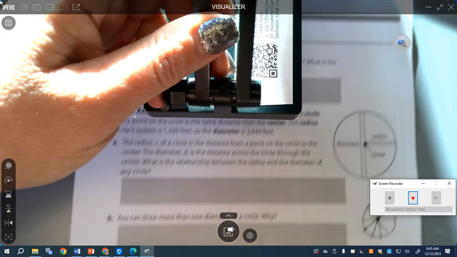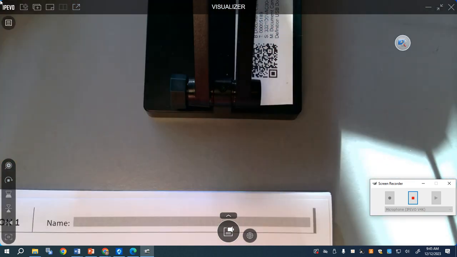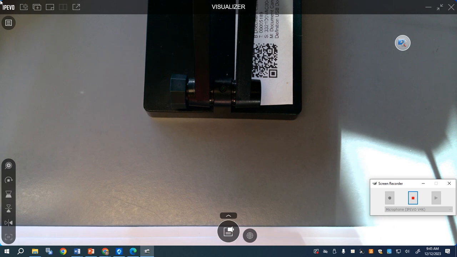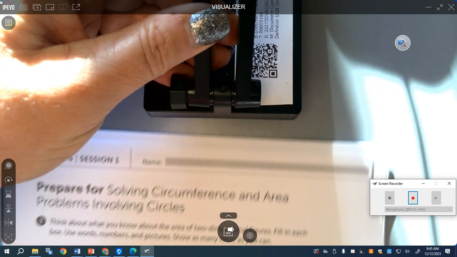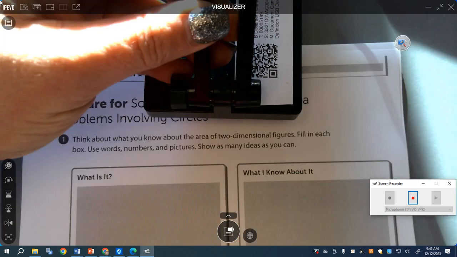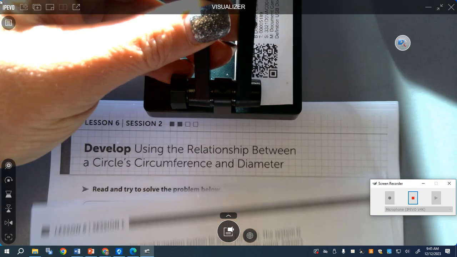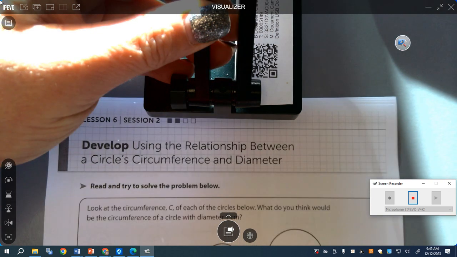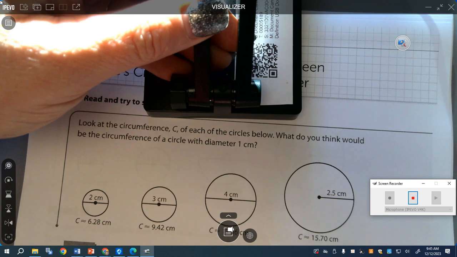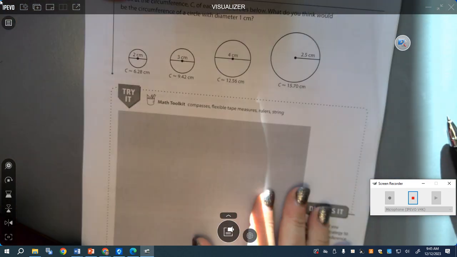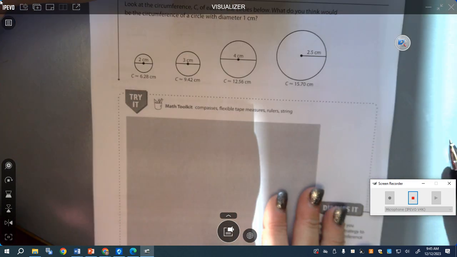Okay, all right, so with that being said, can I have you guys go ahead and turn to page 103. Turn to page 103. So this is page 103 in your math books.